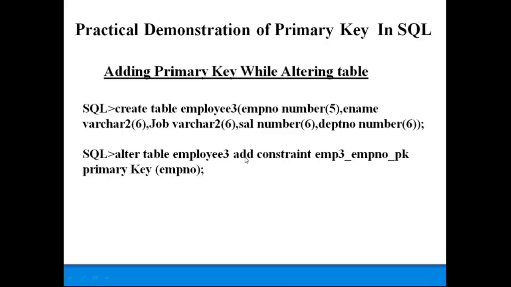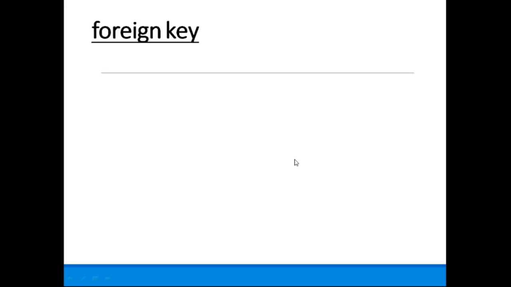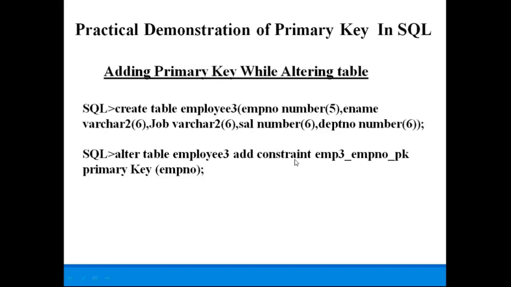What do I want to add? I am going to add a primary key constraint using a naming convention. So first of all add constraint, then I have to write the constraint name, whatever name you assign to the primary key constraint.